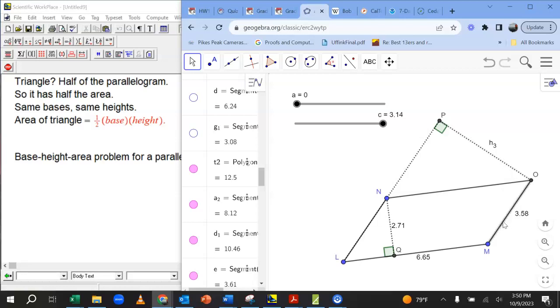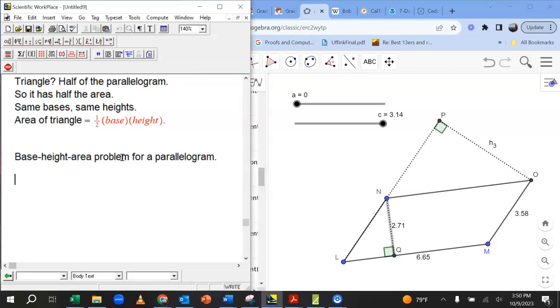Notice MO is rather smaller as a base than LM, and it certainly looks like this other height that's labeled H3 is rather longer than 2.71, so it's plausible that they might give the same answer. We know they should because they're both legal ways to calculate the area. And so what we can do is we can say, okay, the known base matching that known height, that's the area of the parallelogram.